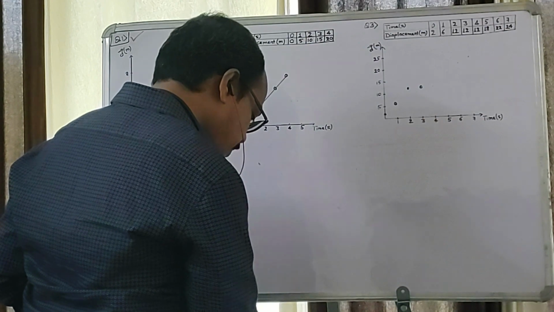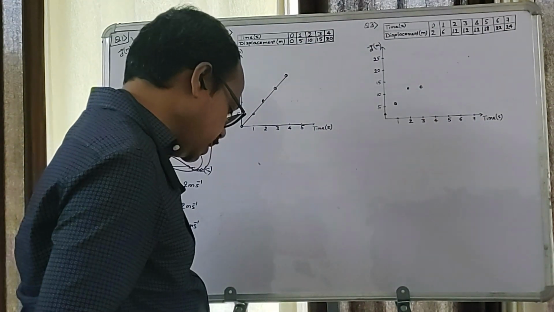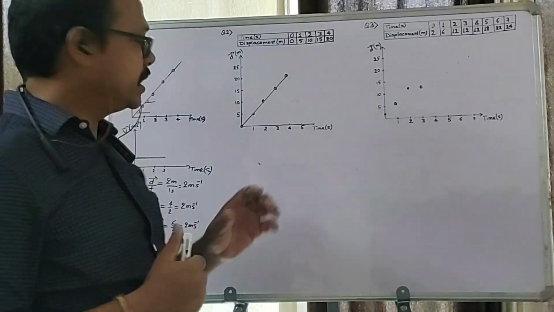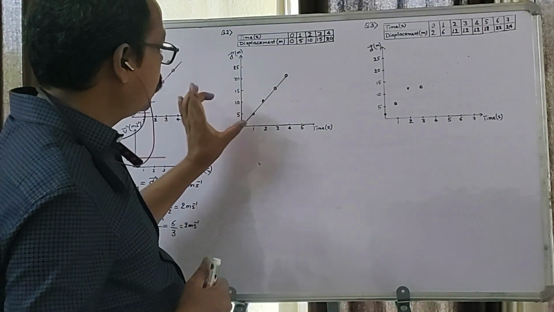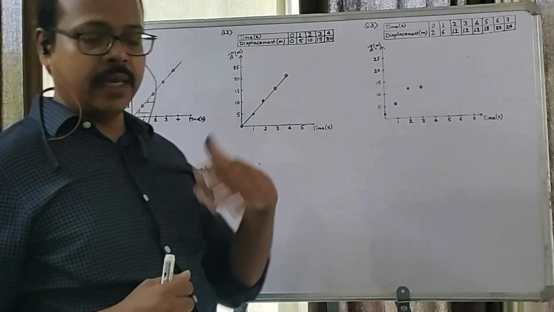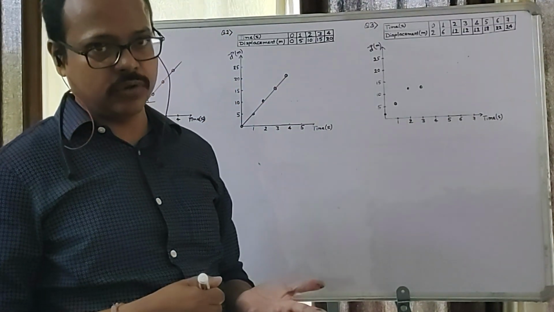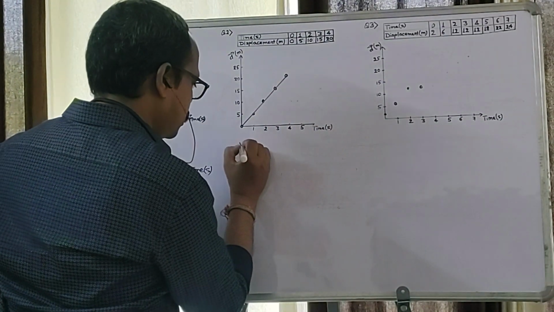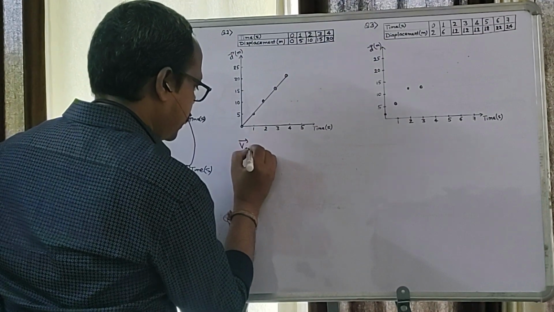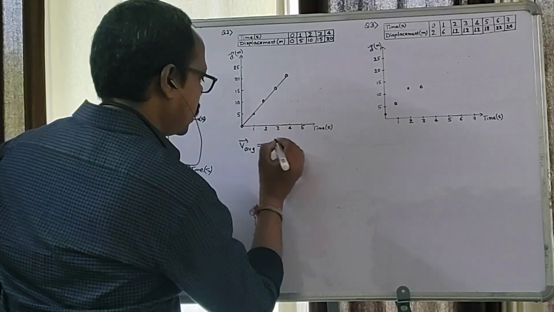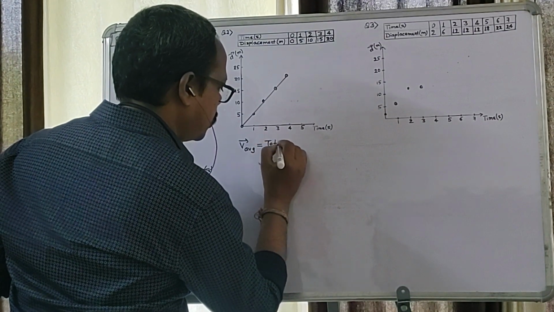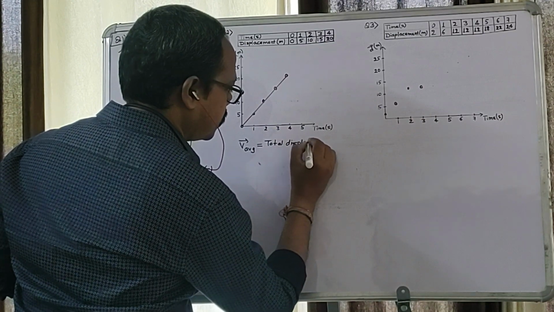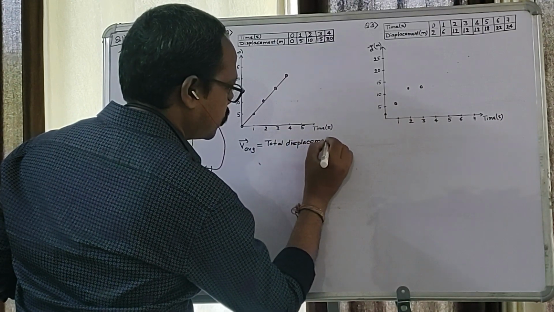So now first part we are done. It was asking to draw the displacement time graph and find the average velocity of the car. In this case, when the body is traveling with uniform velocity, the average velocity is the same as the instantaneous velocity. How to find the average velocity? Average velocity is total displacement by total time taken.